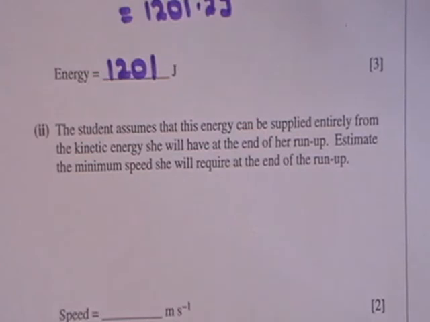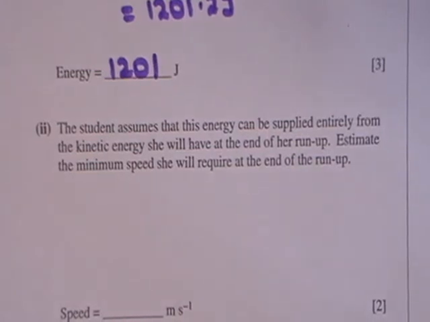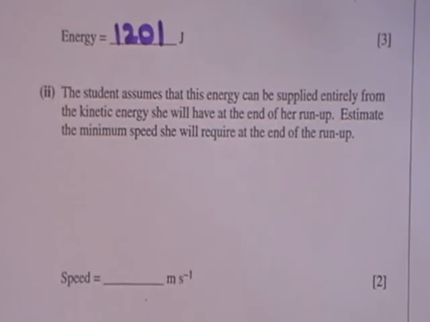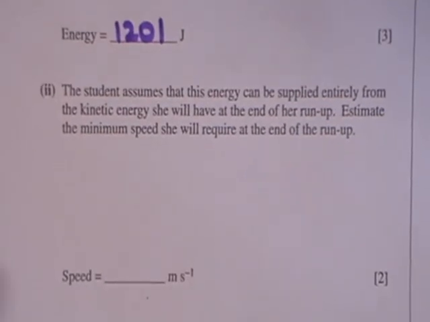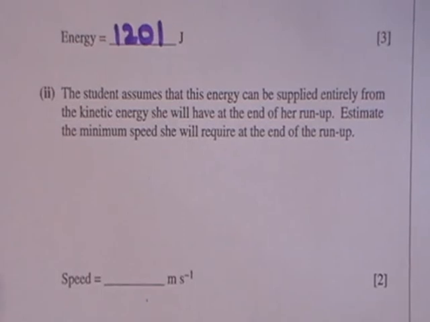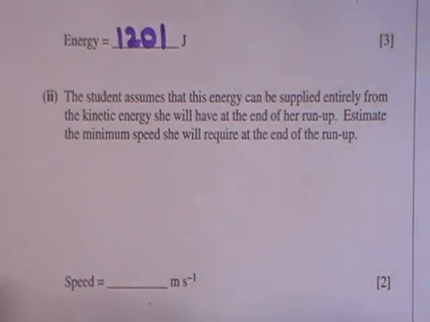The student assumes that the energy can be supplied entirely from the kinetic energy she will have at the end of her run-up. Estimate the minimum speed she will require at the end of the run-up. Now, that is just you working out how much velocity she should have from the kinetic energy. So how much kinetic energy has she?